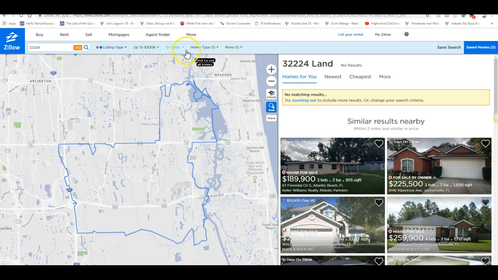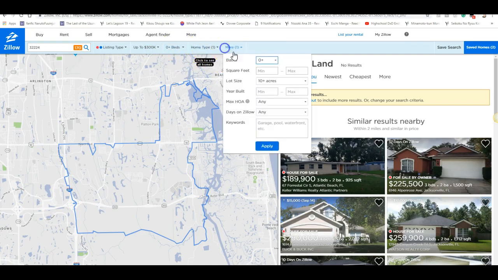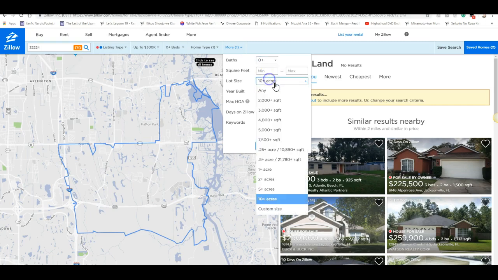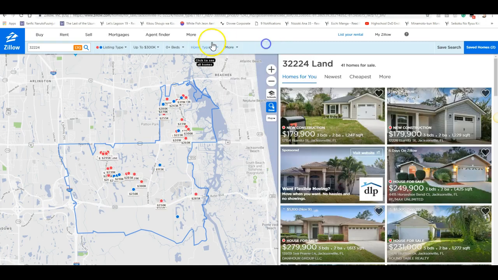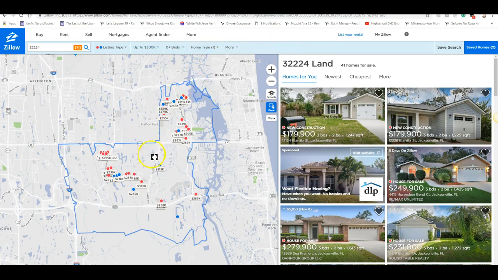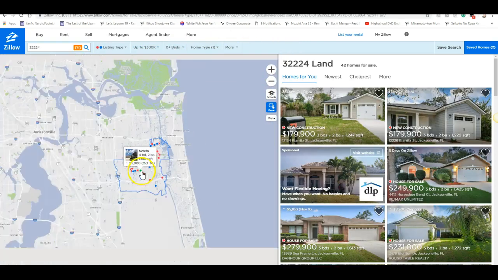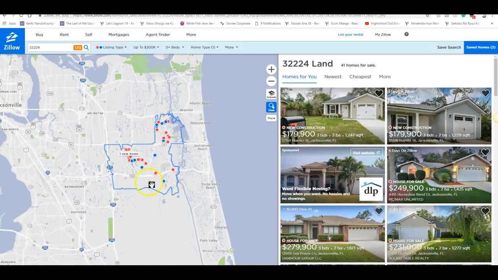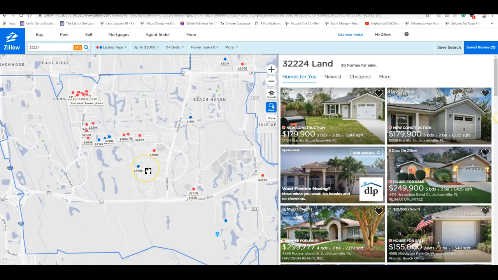So right now I just have it on basically houses. No apartments, no condos, or anything like that. Houses up to $300,000. And this area is actually a pretty decent area to live in for Jacksonville.